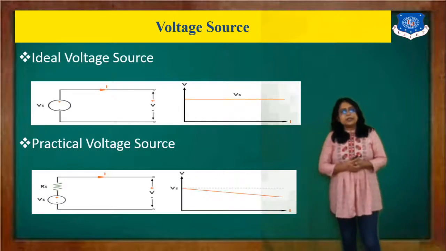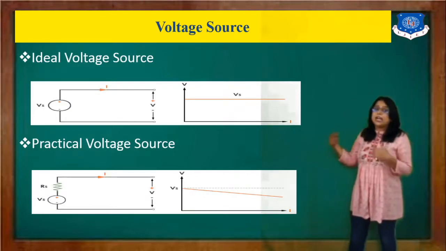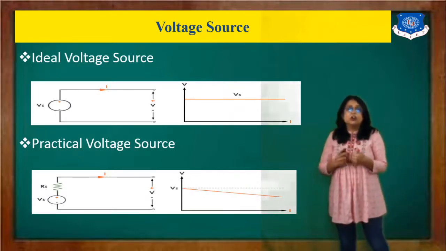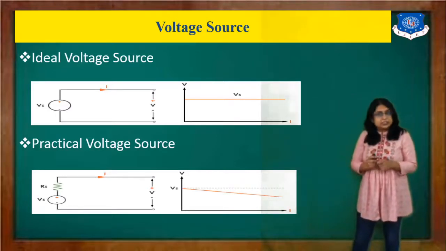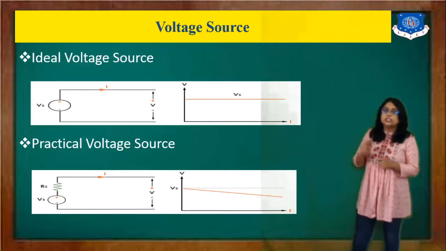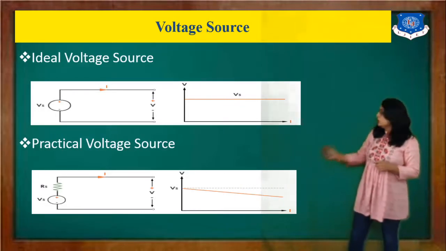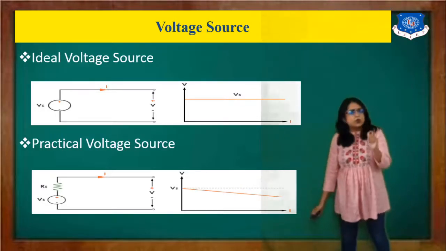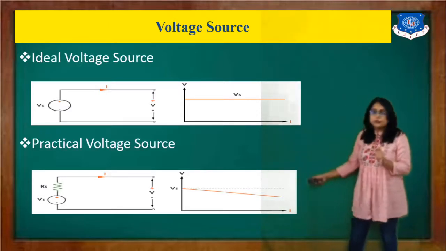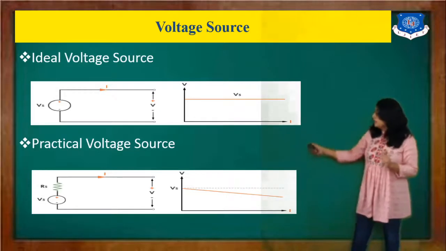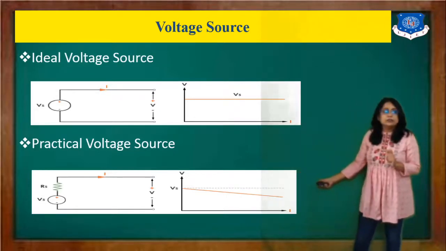Now next, in a practical source, we cannot eliminate or remove that resistor because the value of that resistor is not 0 in case of a practical voltage source. So we have to assume a very small resistor connected in series with the voltage source. Now you just see the VI graph.